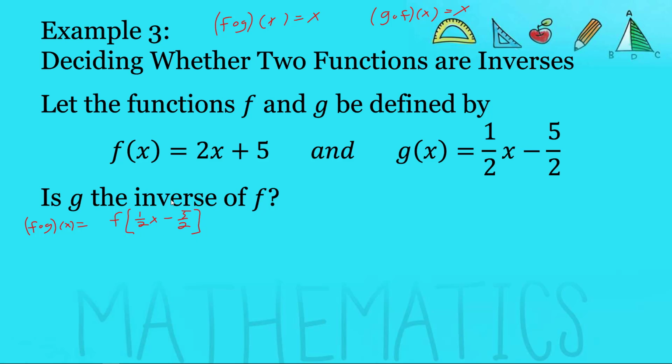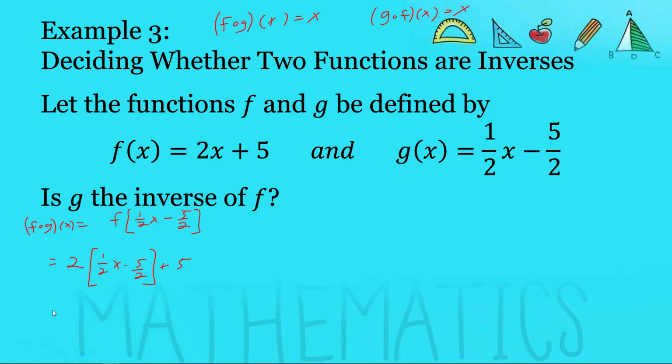All right, so applying the definition of f, we're going to replace everywhere we see an x with this argument, and that is going to give us 2 times (1/2 x minus 5/2) plus 5.